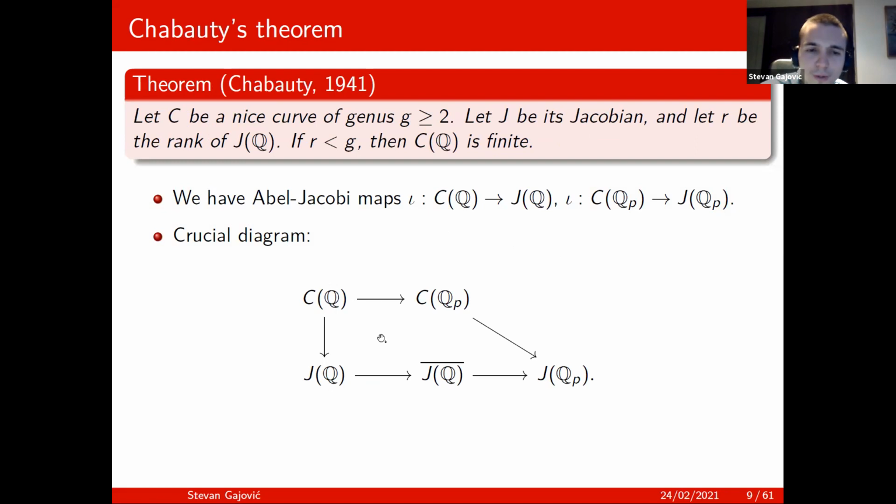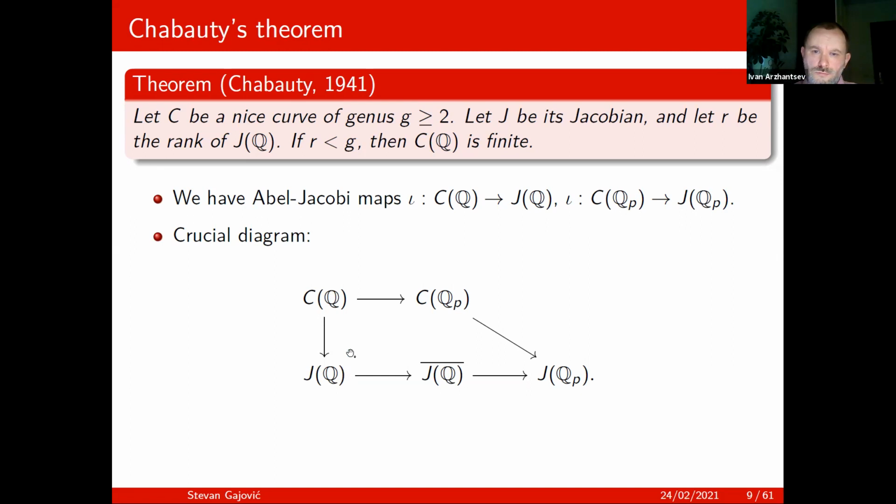We can choose any Abel-Jacobi map to J(Q), and then we also embed C(Q) inside of C(Q_p), and so these are points over the p-adic field. And we can embed C(Q_p) inside of J(Q_p) again using an Abel-Jacobi map. Well, we should use one that comes from a rational point so that we have a commutative diagram.